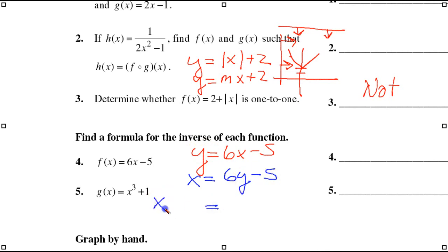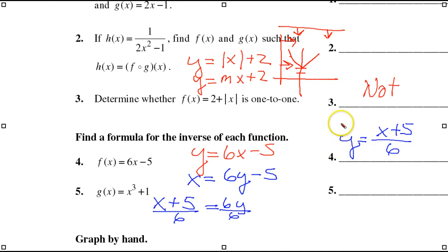Well, we're going to transpose the 5 as a plus 5, and then just solve for y. So for number 4, it's y equals (x plus 5) over 6. But here we use f inverse instead of the y. Okay?